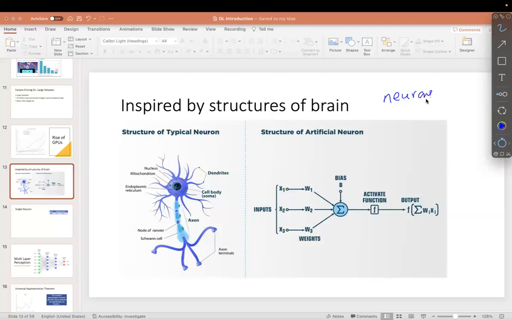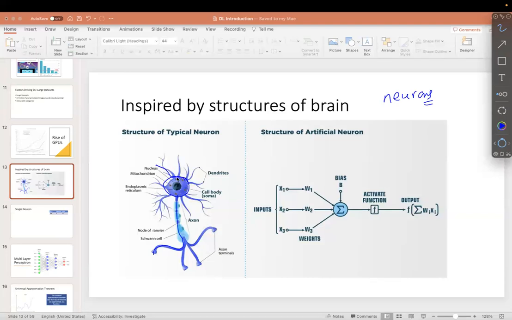These neurons, which have a nucleus, receive signals from other neurons through something called axons, and then send signals to other neurons. So all these neurons are interconnected.